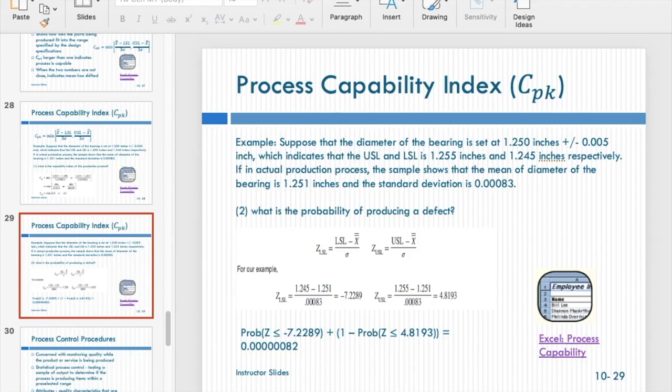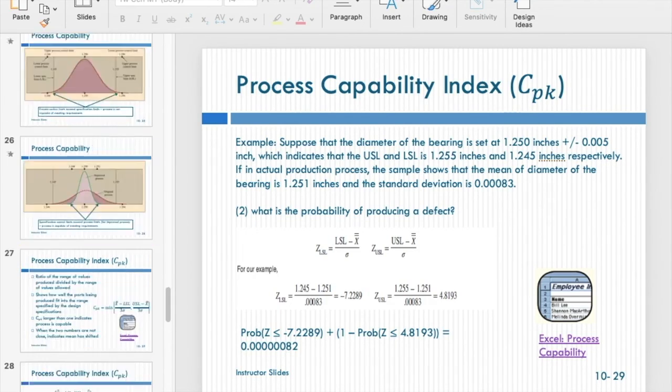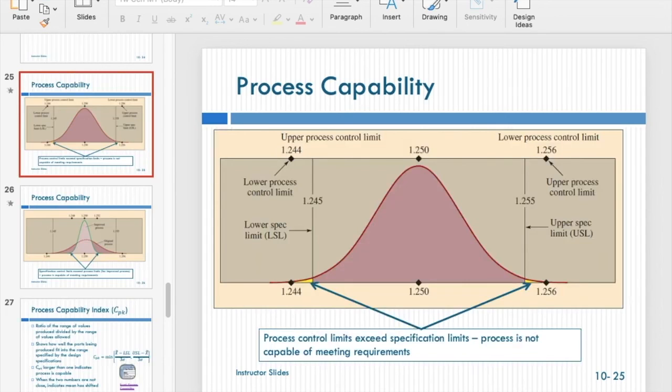Remember, that's from the business statistics course, right? So the z-table always gives you the probability of z less than or equal to some certain value. Once you get these two z values, you can use the table to get the area here.